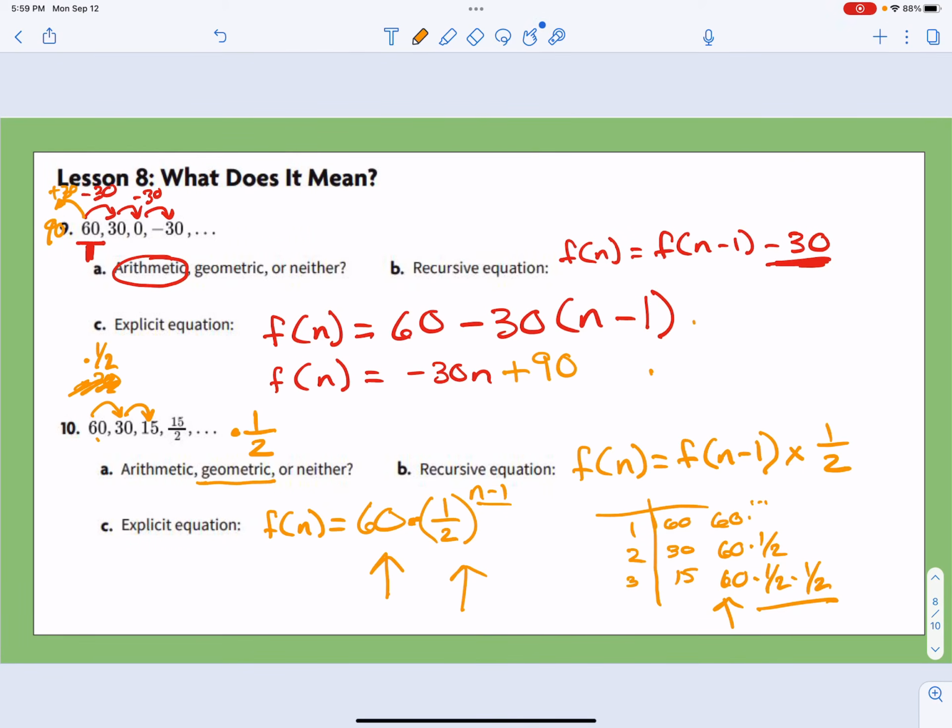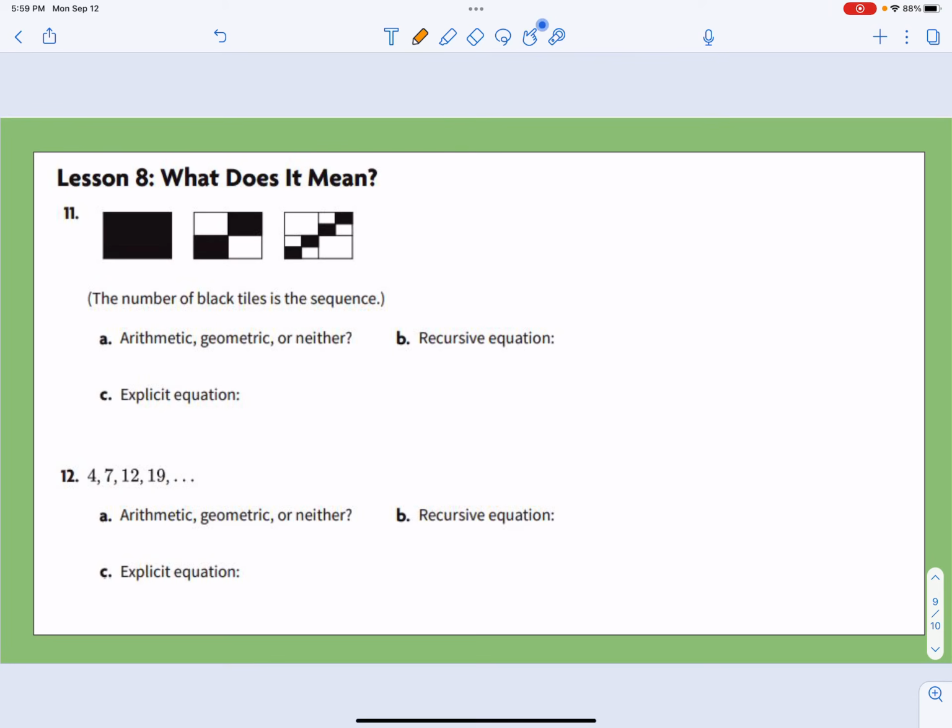No problem whatsoever. All right, looking at the black tiles. We have 1, and then we have 2, and then we have 4. So what's happening from here to here? I'm multiplying by 2, multiplying by 2. Because I'm multiplying, this is geometric.